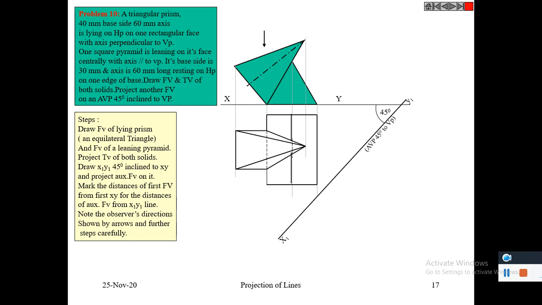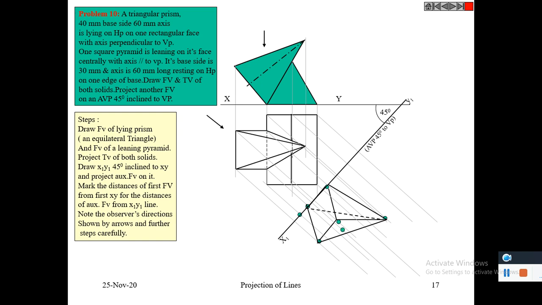Auxiliary vertical plane, 45 degree inclined to vertical plane. Its views are projected. Front view, top view and side view projected to the auxiliary vertical plane, auxiliary front view.